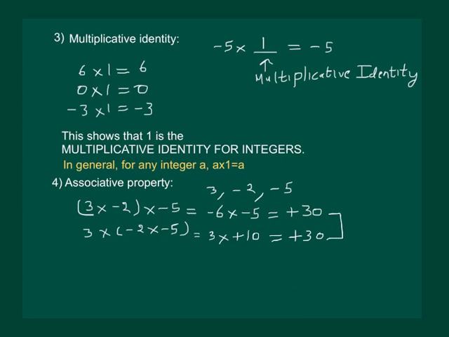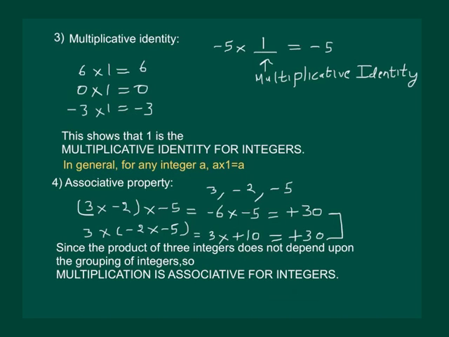So both the answers are the same, implying that the product of three integers does not depend upon the grouping of integers, so multiplication is associative for integers. In general, if a, b, c are three integers, a into b multiplied by c is equal to a into b multiplied by c.